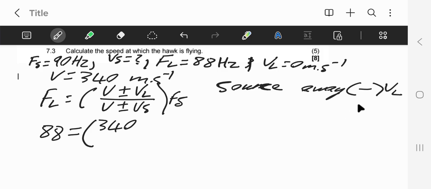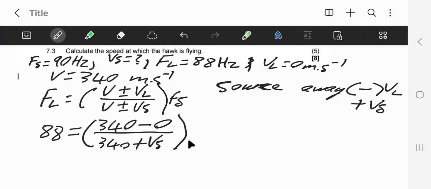The velocity of the listener will be negative, and the velocity of the source will be the opposite of this one, so it will be positive. So here we are going to have 340 minus 0 divided by 340 plus this velocity of the source, which is what we are looking for, multiplied by the frequency of the source, which is 90 hertz.